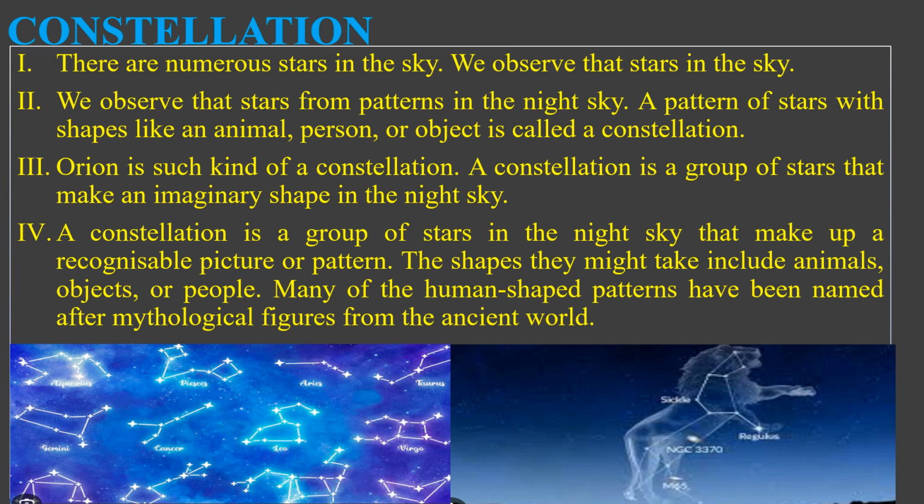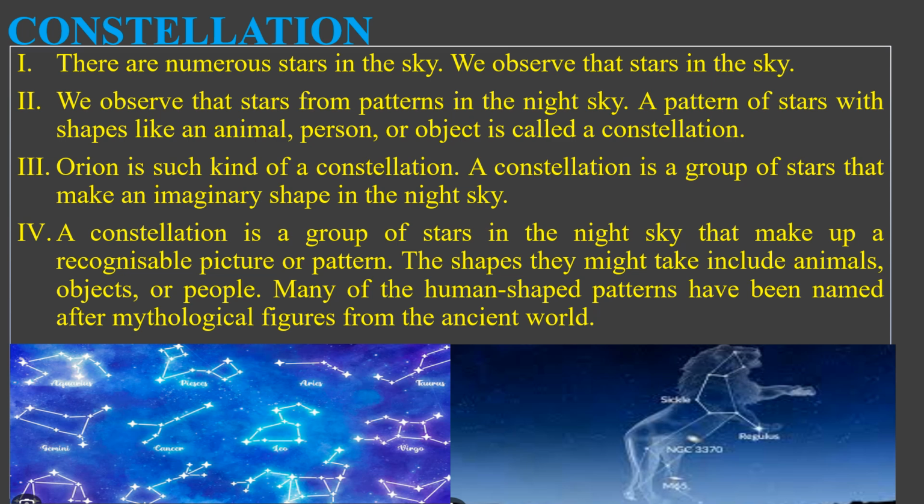Orion is such a kind of constellation. A constellation is a group of stars that makes an imaginary shape in the night sky. Now, if we look at the right picture, we can see a group of stars created an imaginary lion. Wow, that is something really interesting.